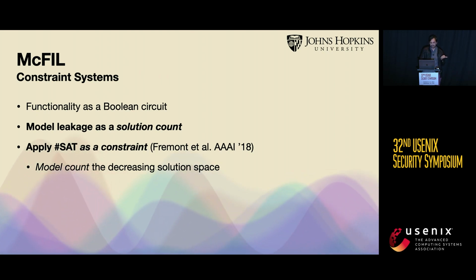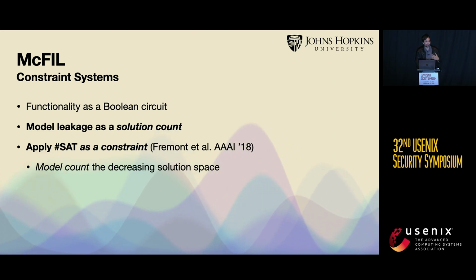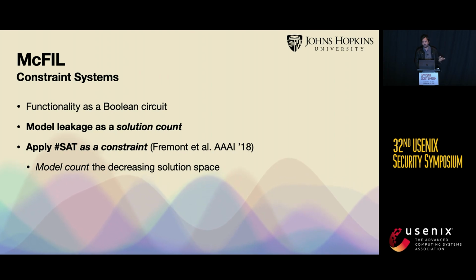And then the key idea here, which was made possible by work from Fremont et al. recently, or relatively recently, was that we can actually take these model counting tools and apply them within a SAT solver as constraints themselves, and use these as an optimization problem to actually drive up or down leakage in a particular example case.